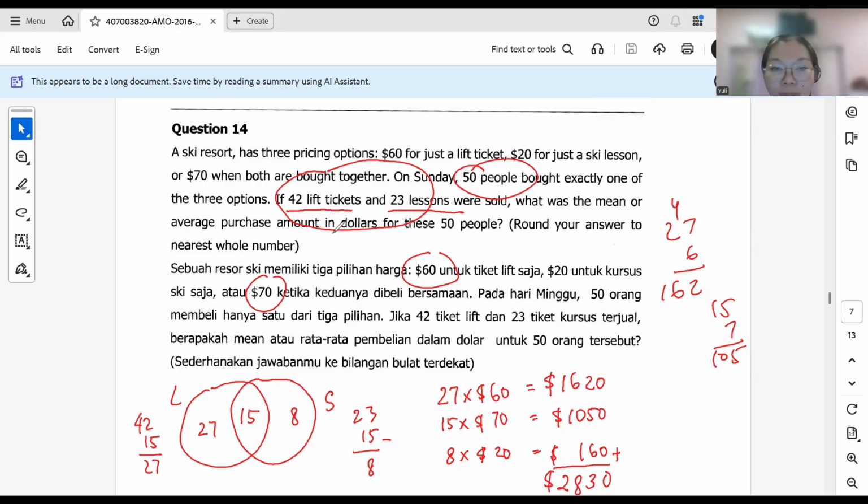So to find the average, you have to divide 2,830 by 50. The answer is 56.6. The nearest whole number is going to be 57. So the answer is 57.